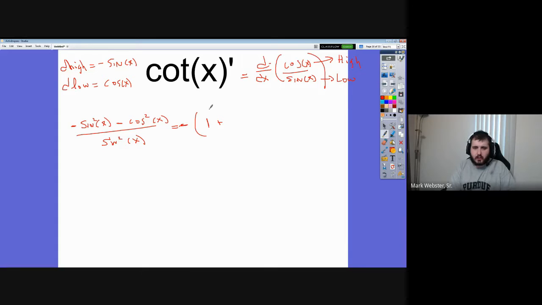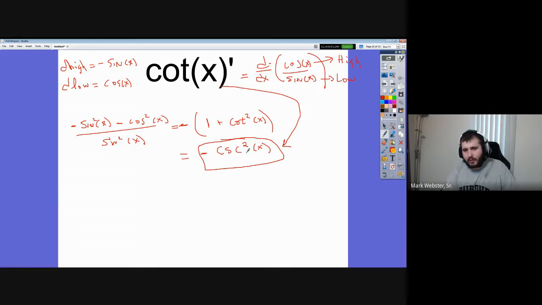Cosine over sine, we've got cotangent. And 1 plus cotangent squared, remember, that is cosecant squared. So once again, can you leave it as one of these? Yeah, I guess. But generally speaking, this is the one that they're going to have as a reference, something for you to look at.